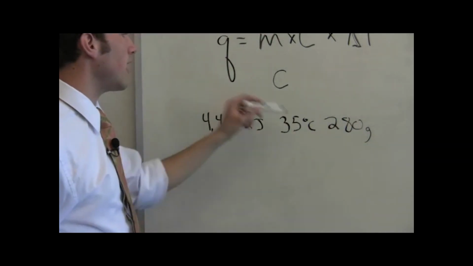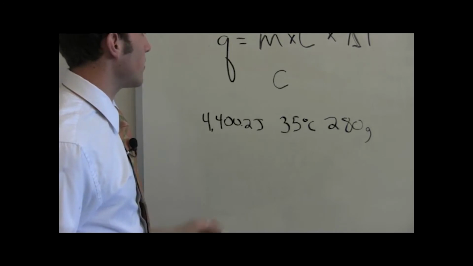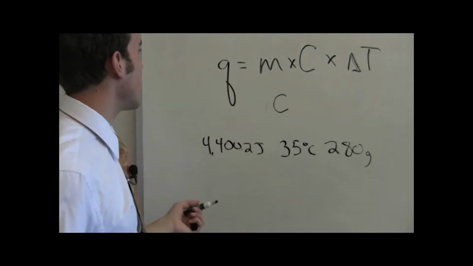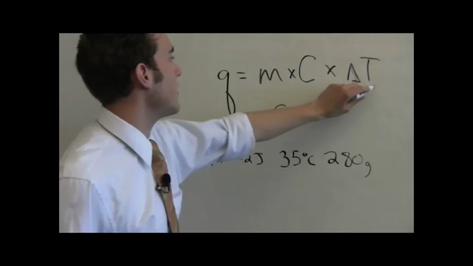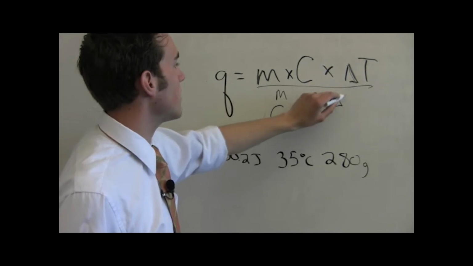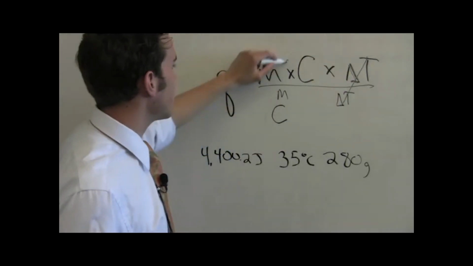we should be able to arrange this equation so that we can end up with specific heat capacity. And we do that by dividing this side by the mass and by delta T. Those will cancel.